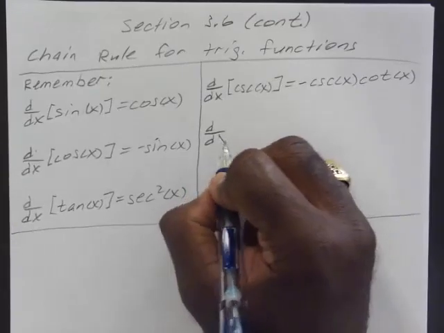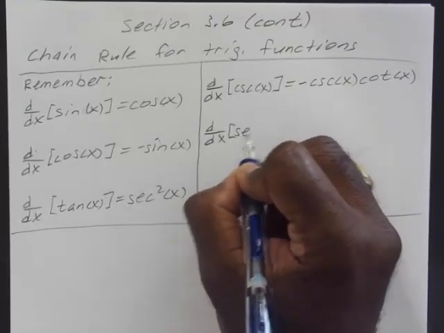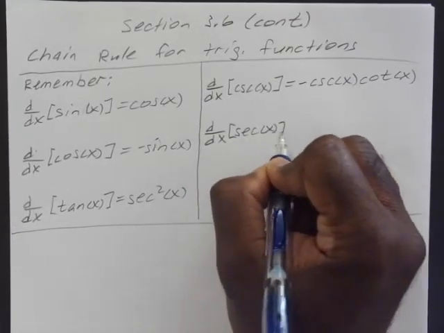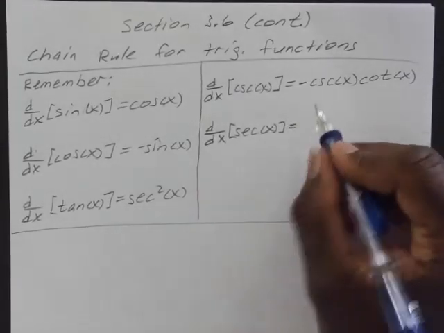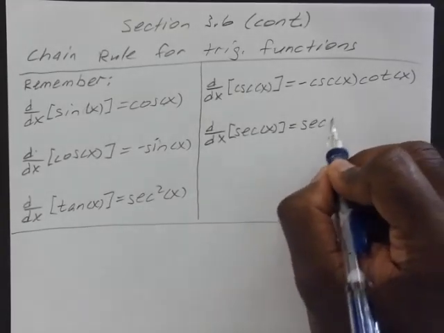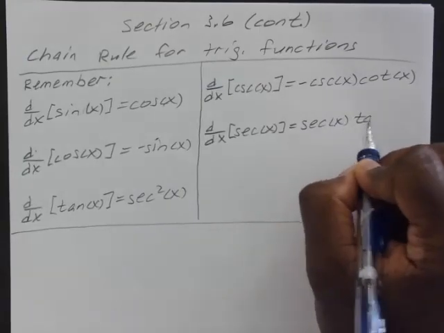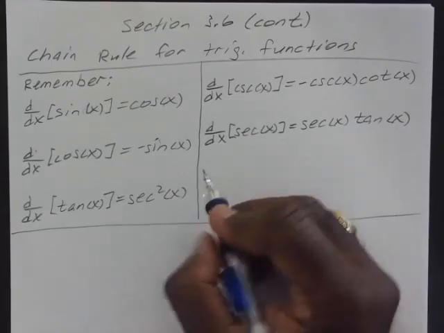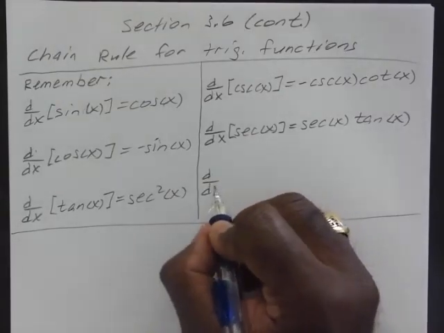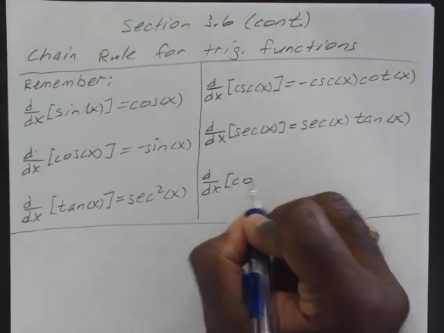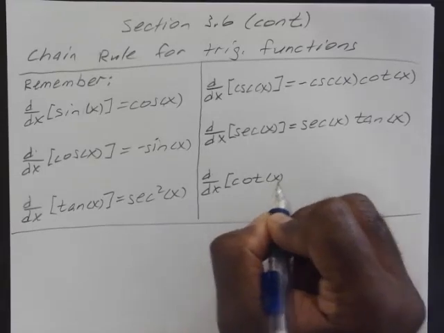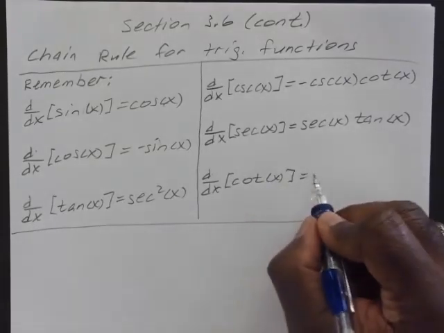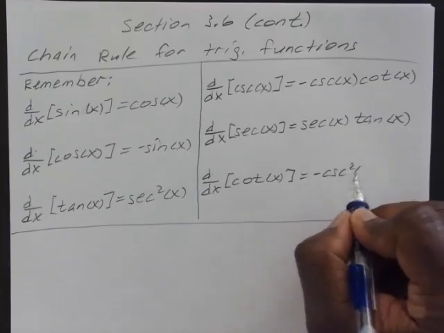The derivative of secant is secant times tangent. And the derivative of cotangent is negative cosecant squared.